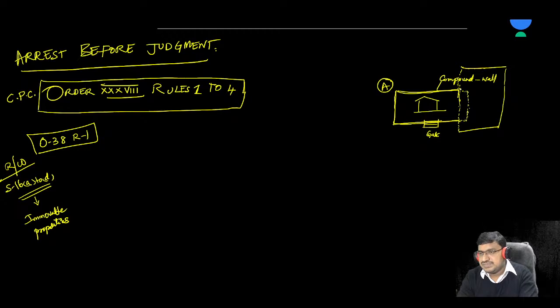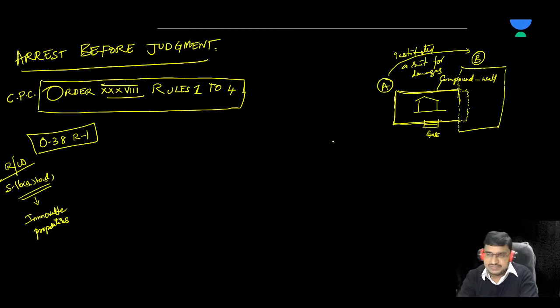Without the consent of Mr. A, in the absence of Mr. A, Mr. B has demolished this compound wall belonging to Mr. A. Therefore, A has instituted a civil suit for damages to the immobile property, damages related to this compound wall and this place.